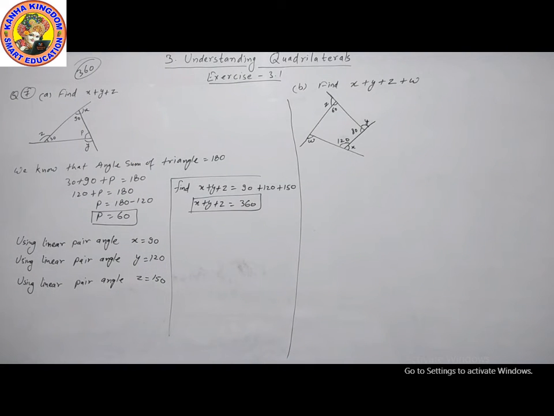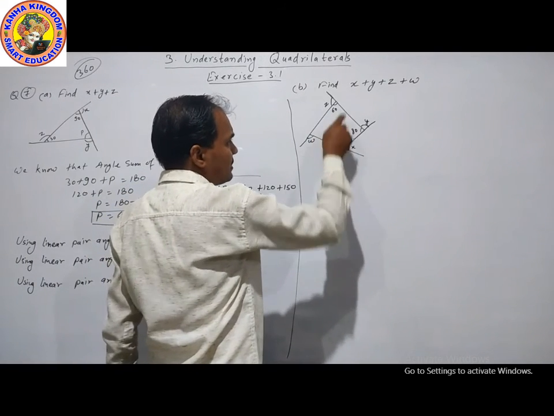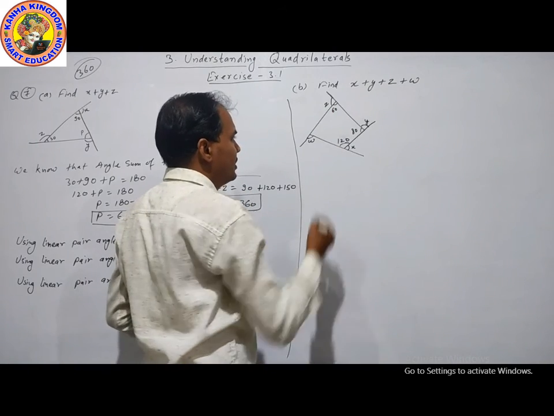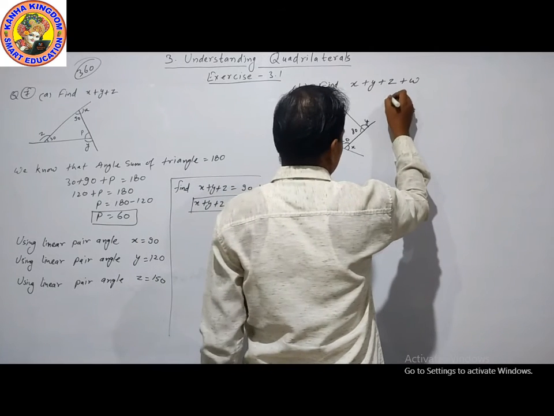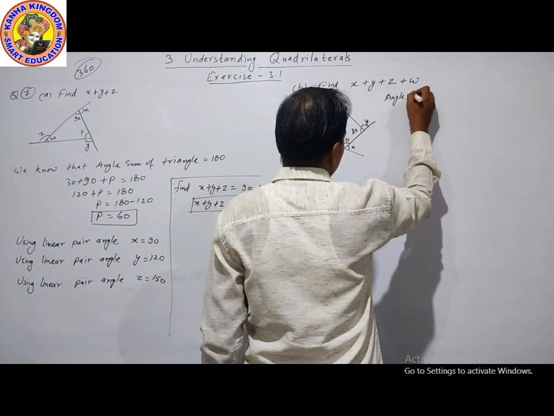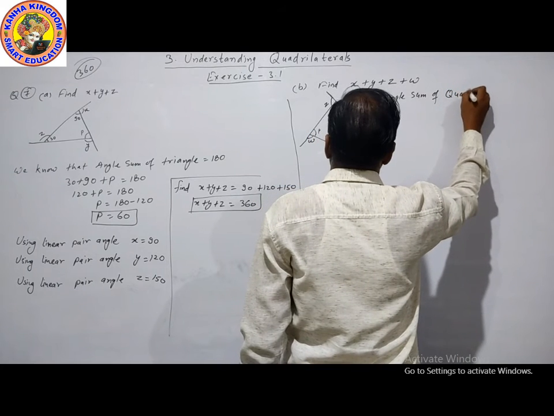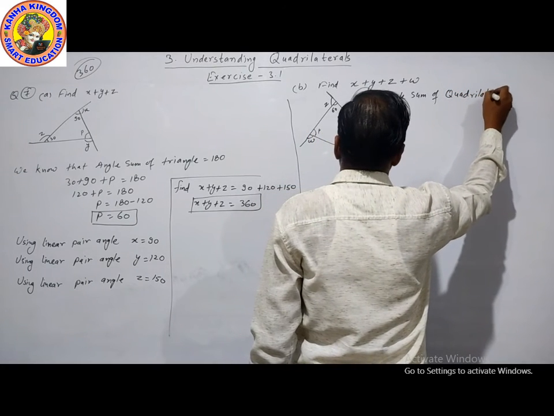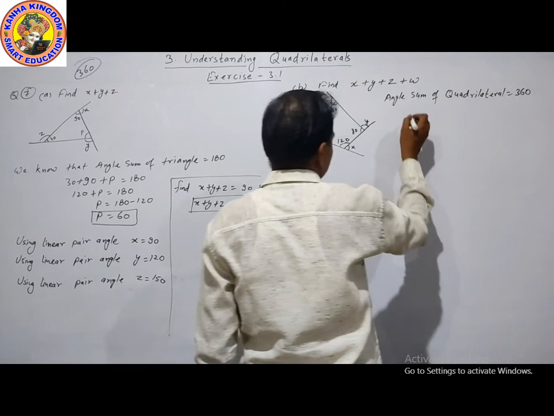Now in this question, this is a quadrilateral. The angle sum of a quadrilateral is 360. The fourth angle is missing. We will name this P. The angle sum of a quadrilateral is equal to 360.